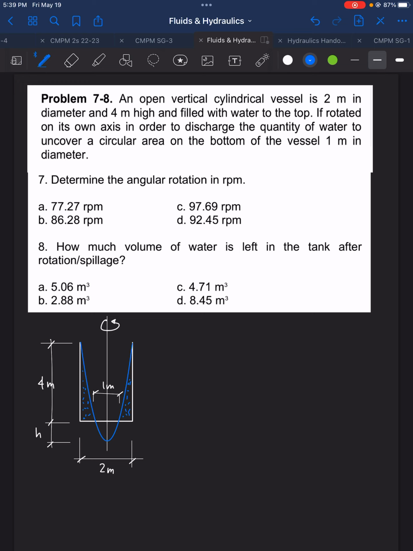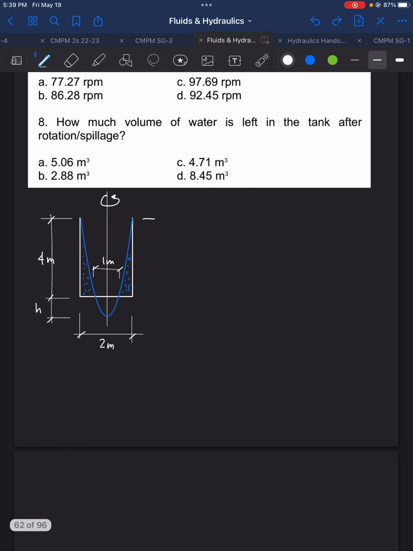How do we get the rotation? Determine the angular rotation in RPM. The formula for the height of the parabola here, so let's name this as Y. Okay.